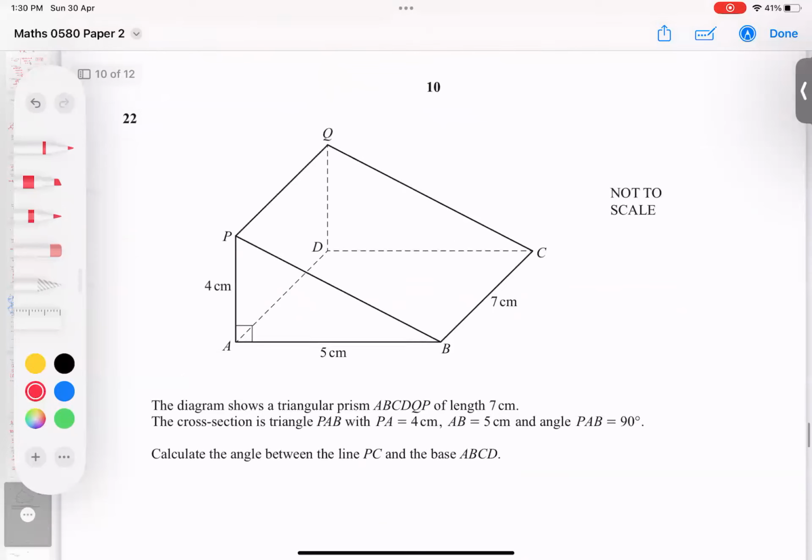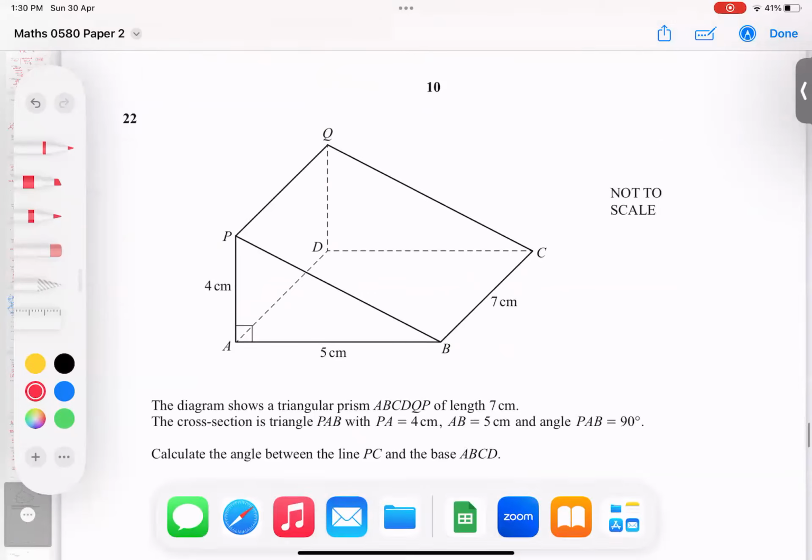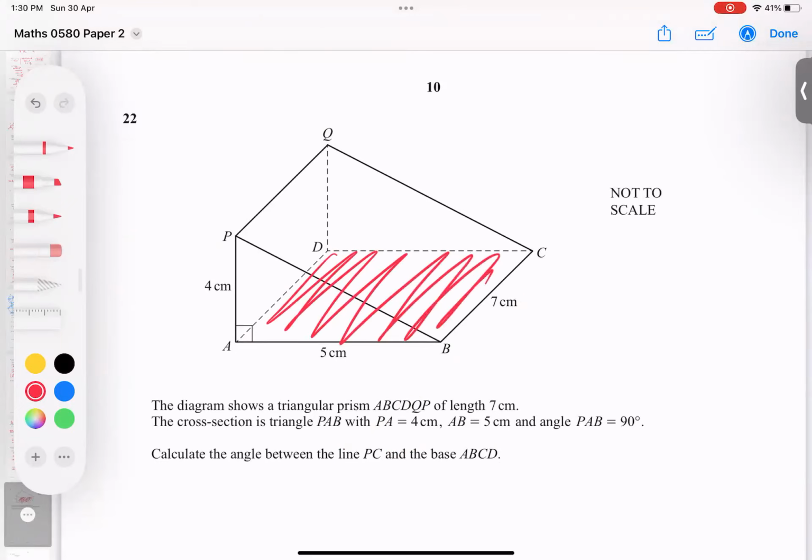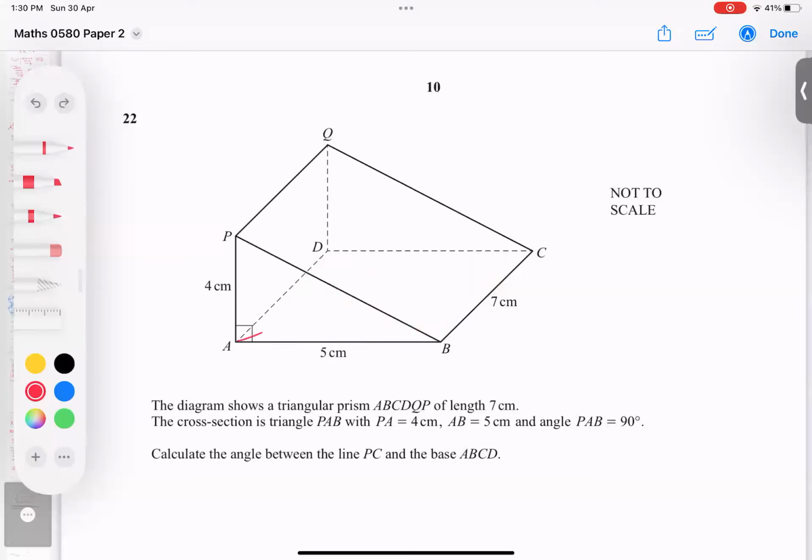And now question number 22. What does question number 22 have? Angle between line PC and base ABCD. Base means floor, this floor. So I will draw a line, this line representing the base.